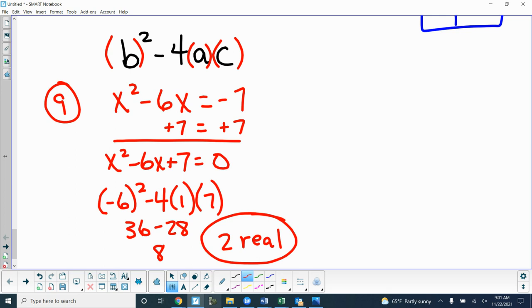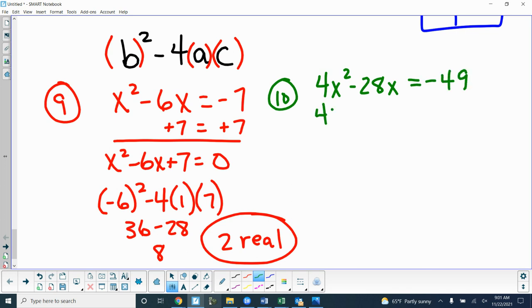Okay, for number 10, we've got 4x squared minus 28x equals negative 49. So again, we want to set it equal to 0, so we're going to add 49.